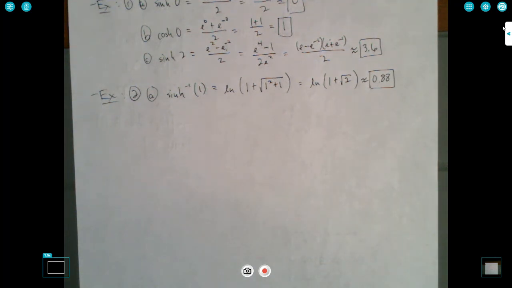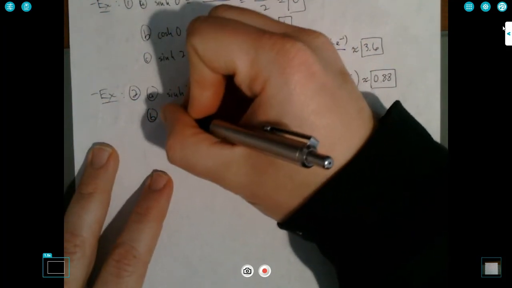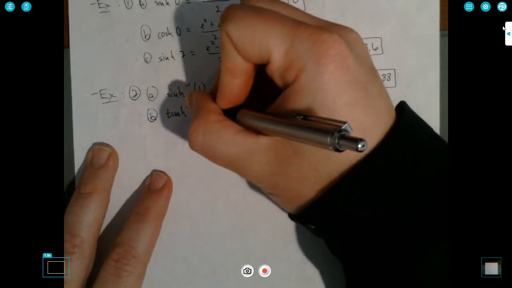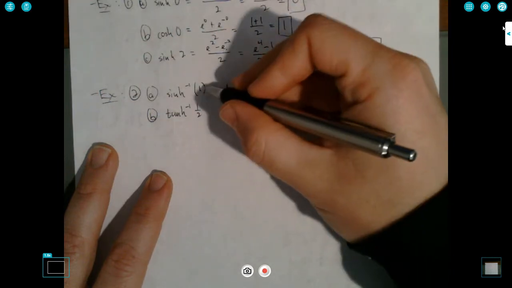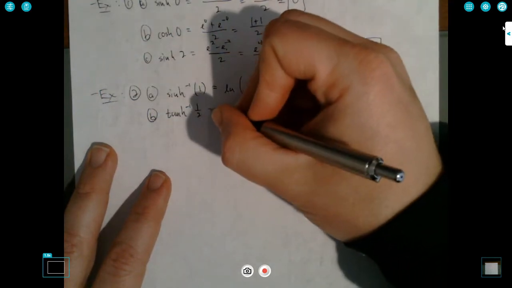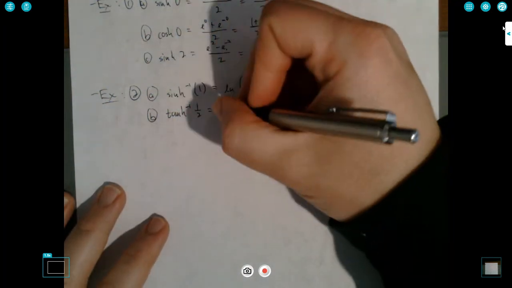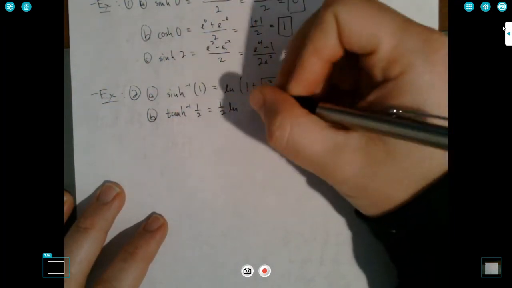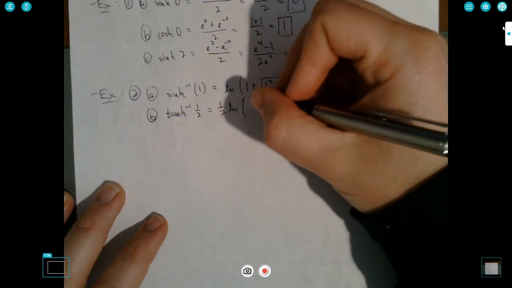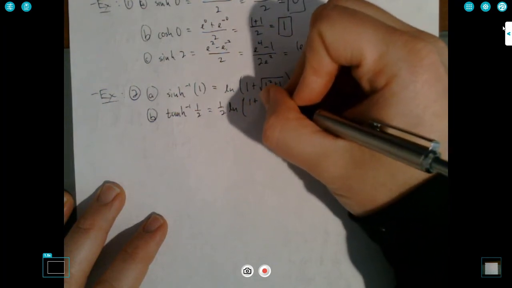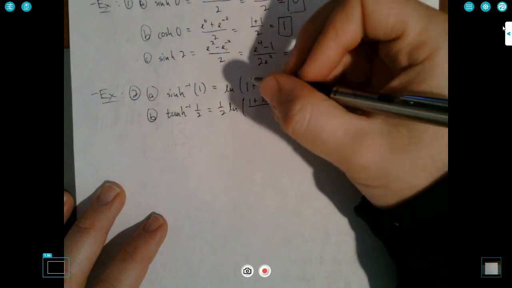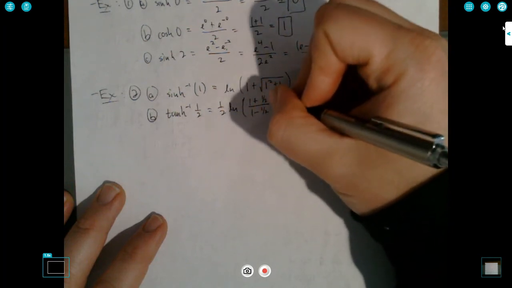Okay, and then similarly, right, we can do tangent inverse of 1/2. I don't know why I put parentheses around that. You don't need it, but anyway. Tangent inverse of 1/2. So we know that tangent inverse of x, according to the previous theorem, is 1/2 times the natural log of 1 plus x over 1 minus x.